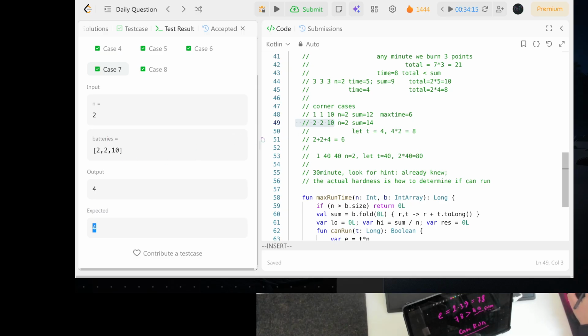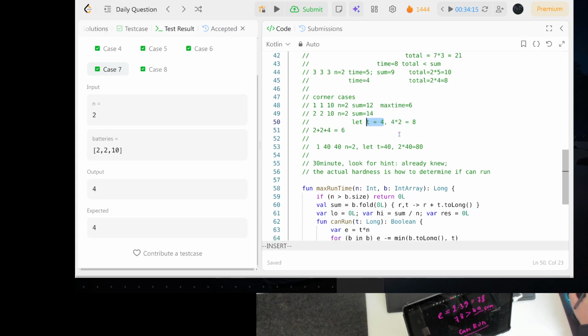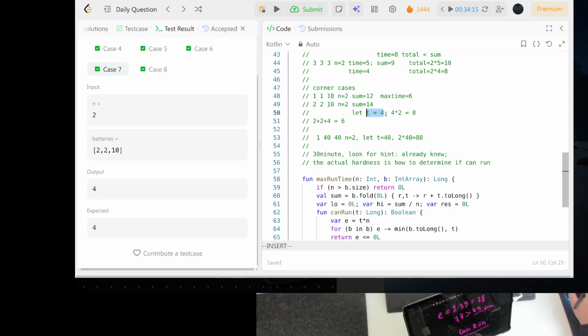So we have 2 batteries, and this is the capacity. And imagine we're testing the time 4. Can we run 2 computers 4 minutes? The total energy is T times n, it is 8.